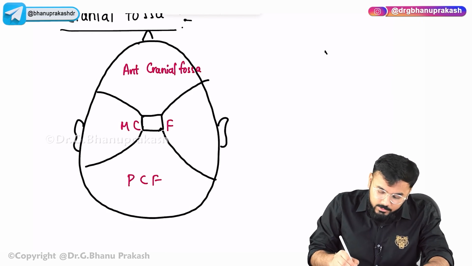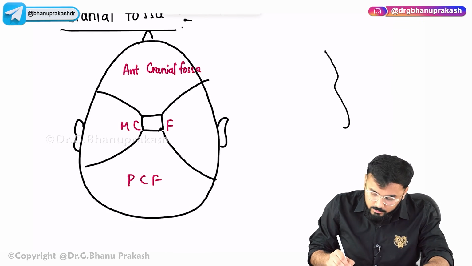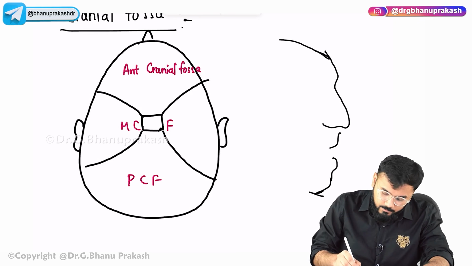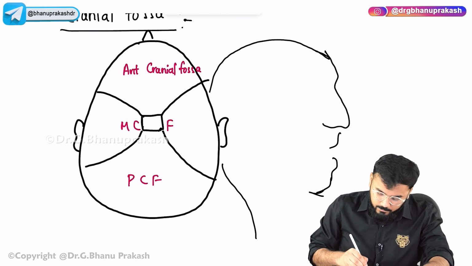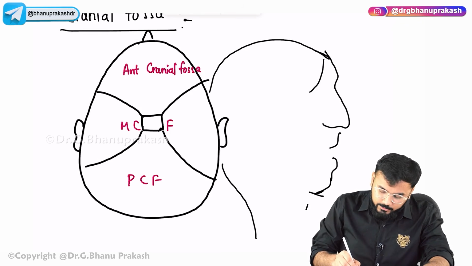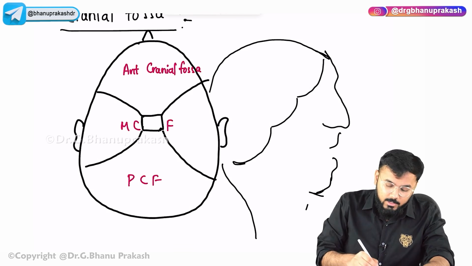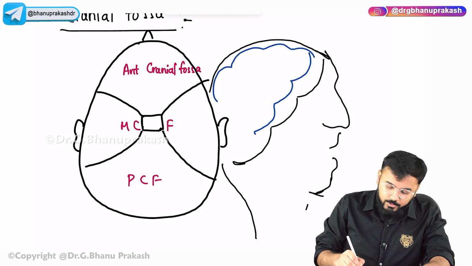From the lateral aspect, this is how the picture looks. From the lateral aspect, you see this is the anterior cranial fossa, middle cranial fossa and posterior cranial fossa. This is the place where your brain is situated.